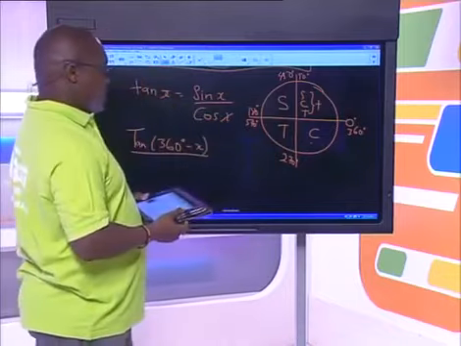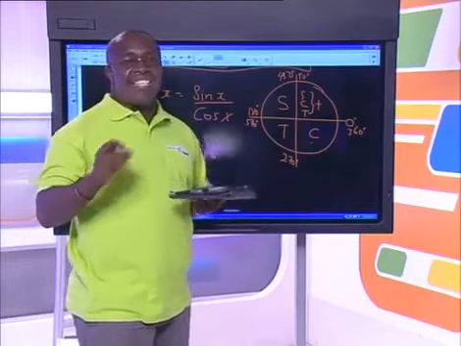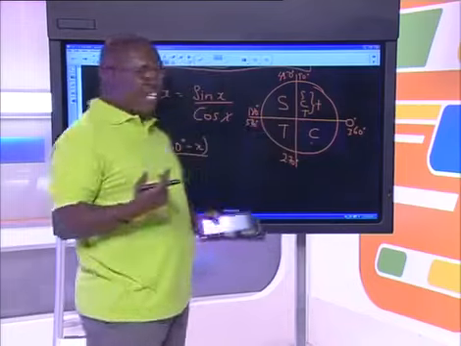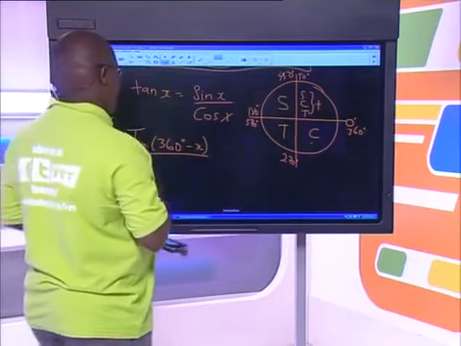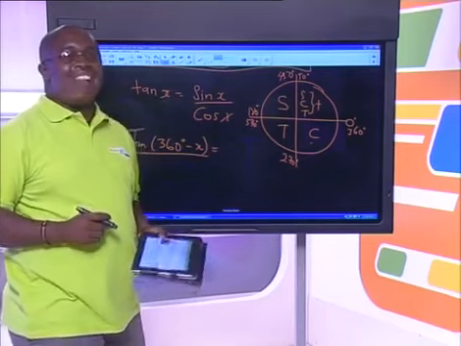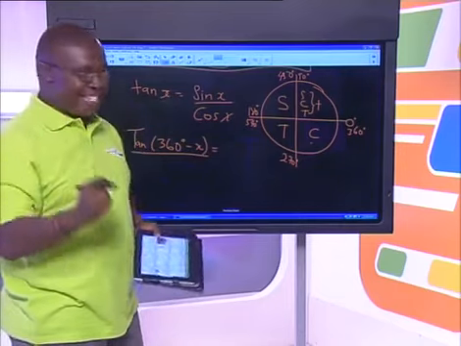Now, in the fourth quadrant, you ask yourself, what is the value of tan? Is it positive or negative? When you look at it, you will find that only cos is positive. So that means that our tan is going to be negative in the fourth quadrant.